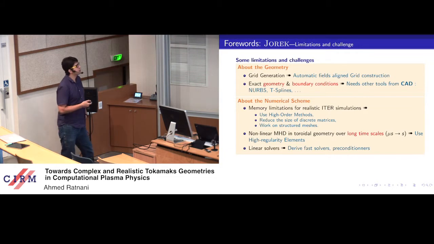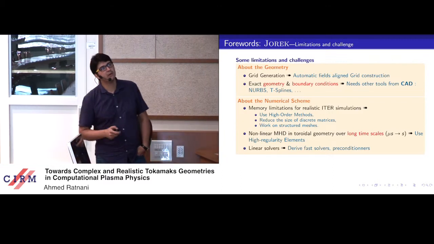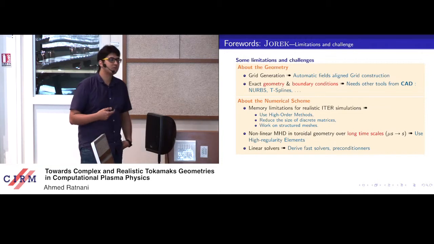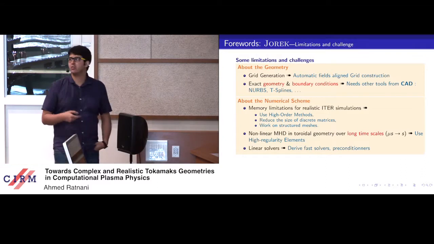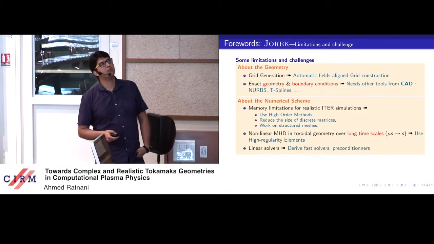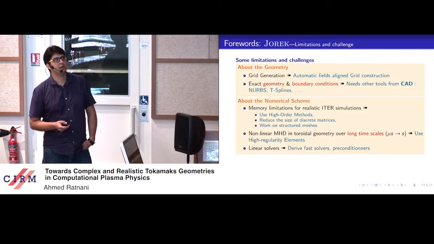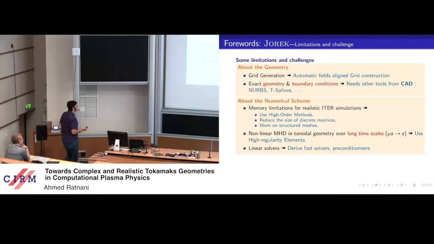So one of the solutions is to use higher order than the cubic splines, than the cubic Bezier, so that we can reduce the size of the discrete matrices. We can do this also by using higher regular elements. So we will not use only C1 elements, but also C2 or C3, depending on the degree of our basis. We have noticed before when we worked on Maxwell equations that the use of these higher regular elements leads to better CFL numbers.